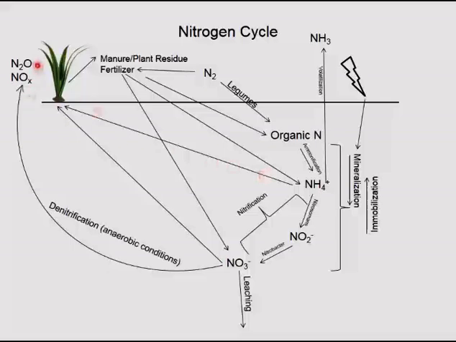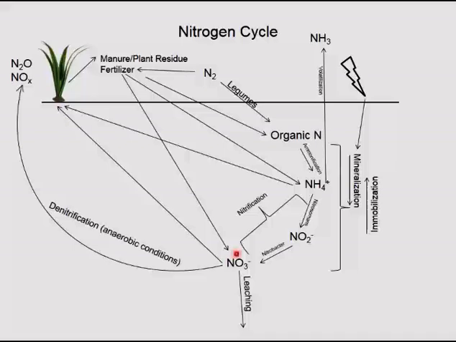That's what I'm trying to show you right here: a plant takes that up, and this is then recycled into this pool of organic N. And so those are the different pathways that ammonium can undergo. And ammonium, remember, can be applied as a manure or a fertilizer or a plant residue.